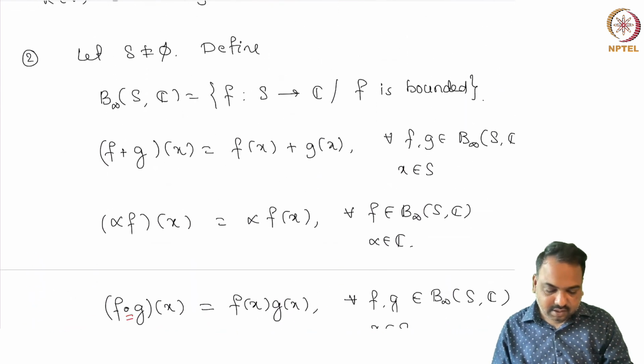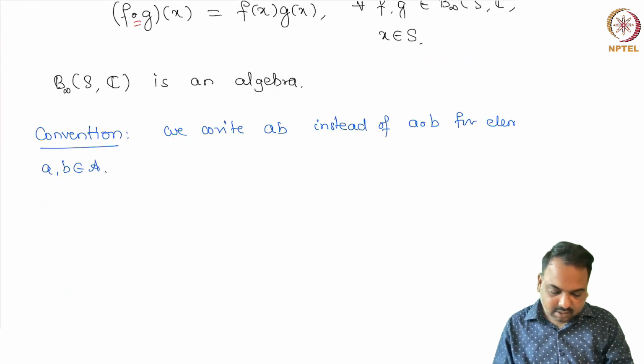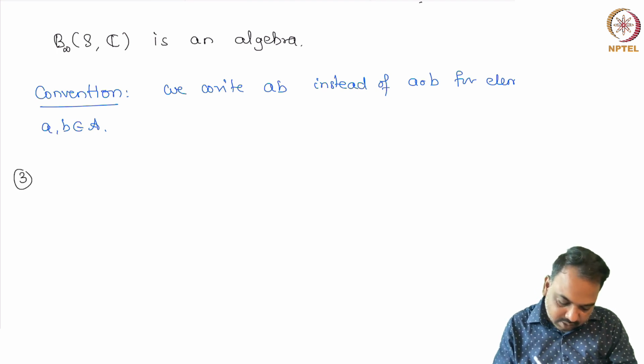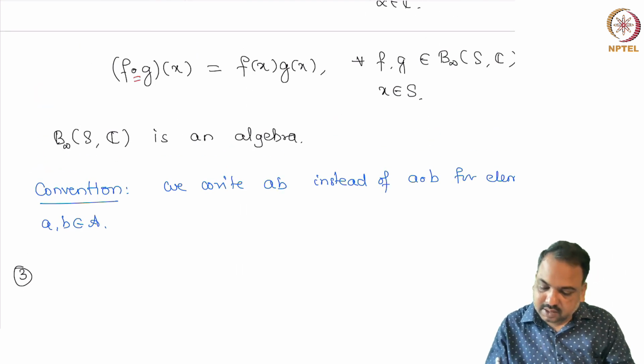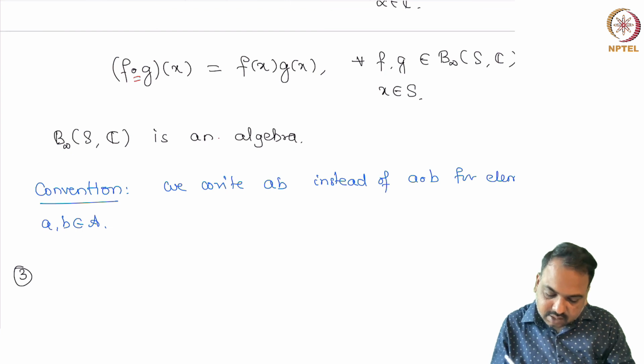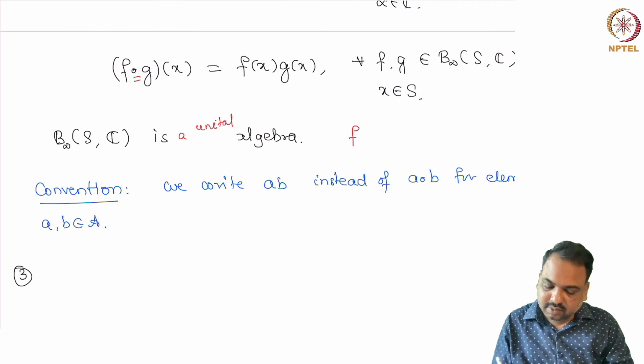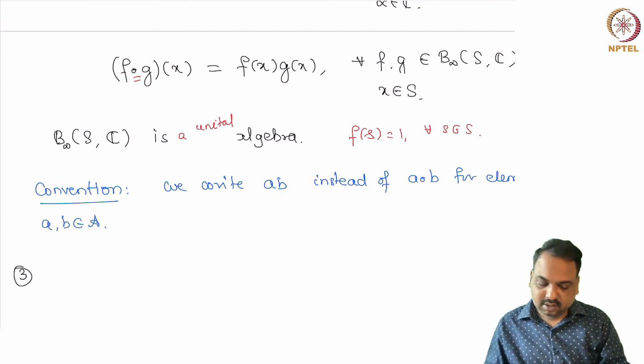In fact, we can give more examples. One more example we can give. So here we can say that this is a unital algebra. Here, if you look at f(s) equal to 1 for every s in S, this becomes a unit element in the algebra.